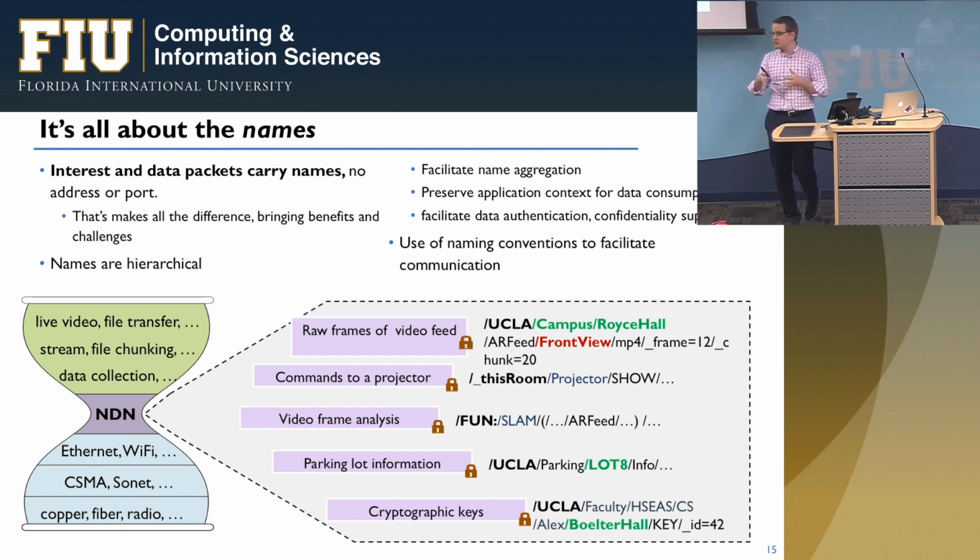Everything can be a named piece of data, and the name hierarchy defines some form of context used by the application, by the routing, by the networking, and for security purposes.